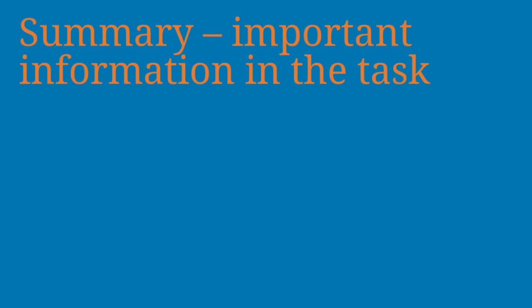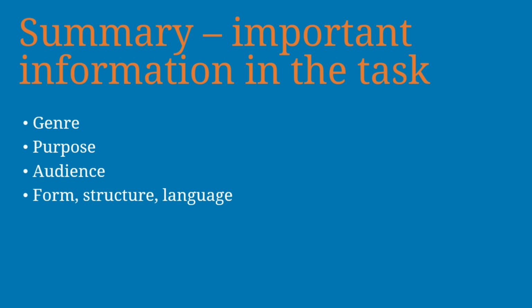In conclusion, we can see that there's a lot of useful information hidden in the task itself. The task helps us establish the genre of the text, which helps us focus and choose the most important language devices used. It also gives us information about the purpose and audience of the text, so we can link particular language devices we identify with the overall purpose of the entire text and the audience it was intended for.